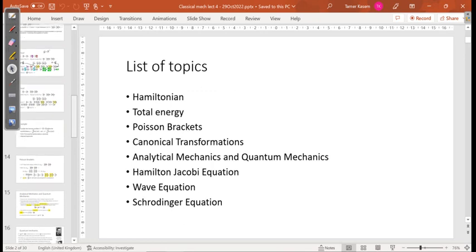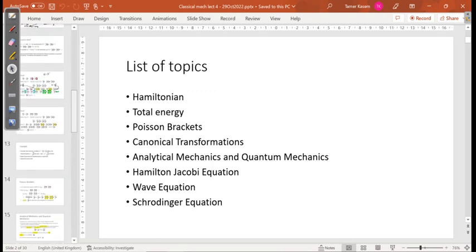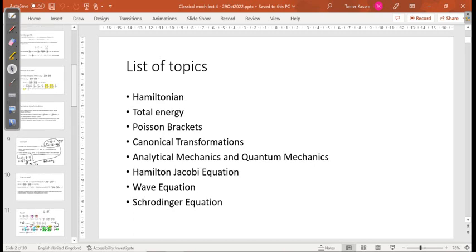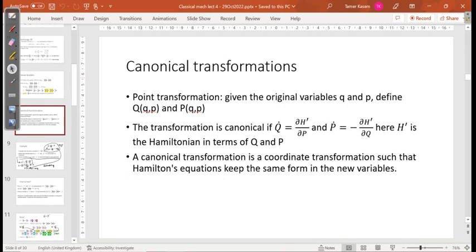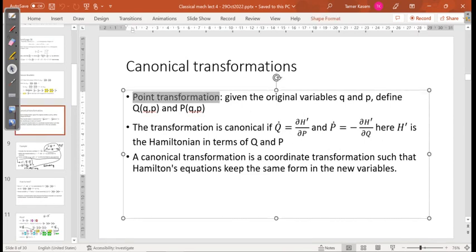So what about canonical transformations? Canonical transformations are a kind of point transformation. Given, for example, the original variables small q and small p, we define the transformed variables capital Q and capital P. Again, this is a straightforward point transformation.